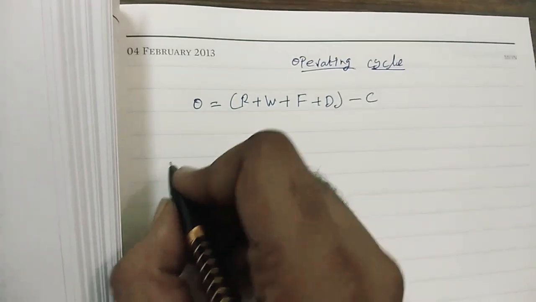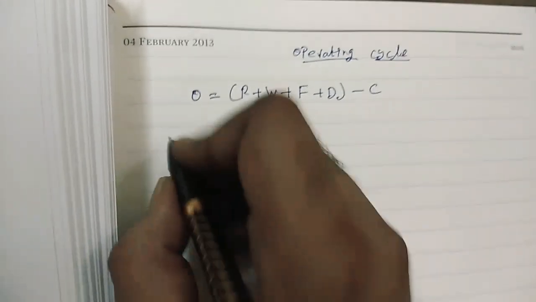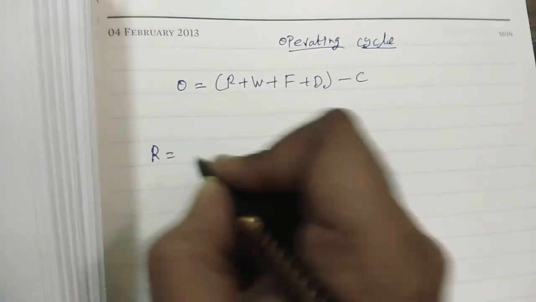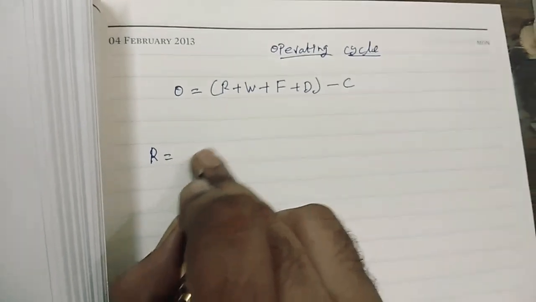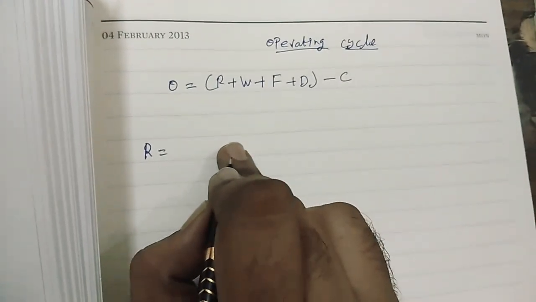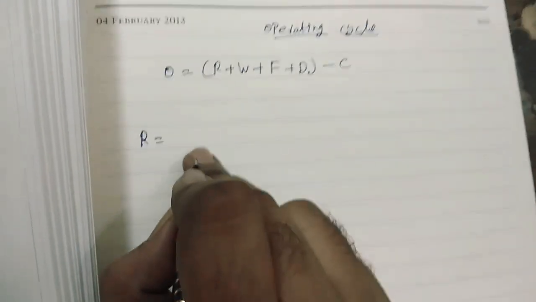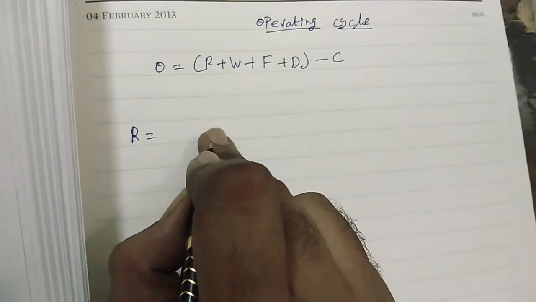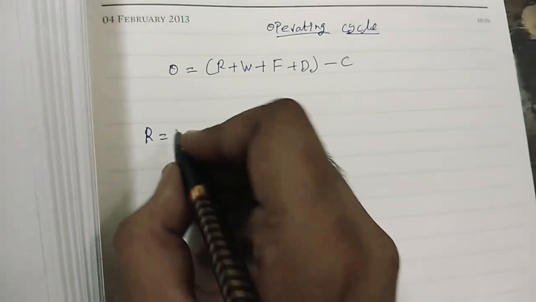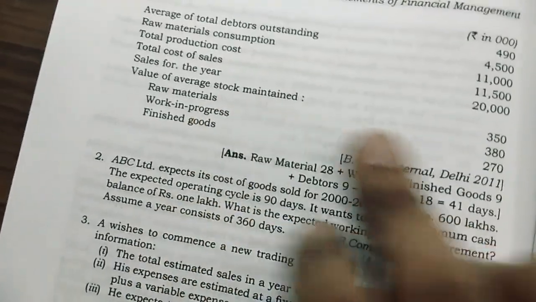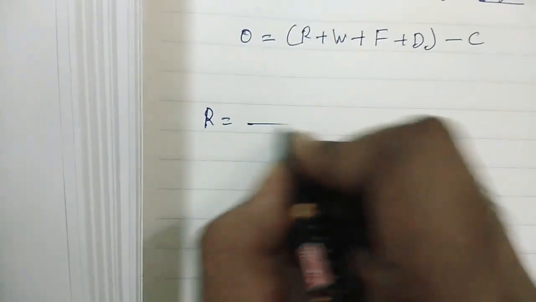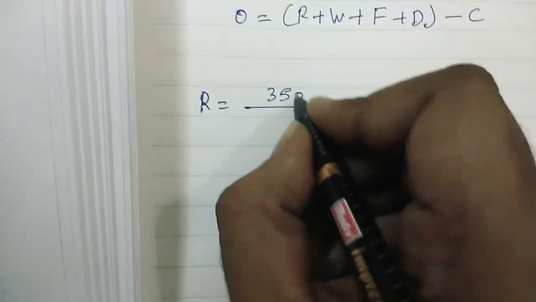So calculate the values of the formula components, first the R value. Remember the formula for raw material: average stock of raw materials and stores held, divided by average stores consumption per day. In the problem, the average stock of raw materials maintained is given as 350.